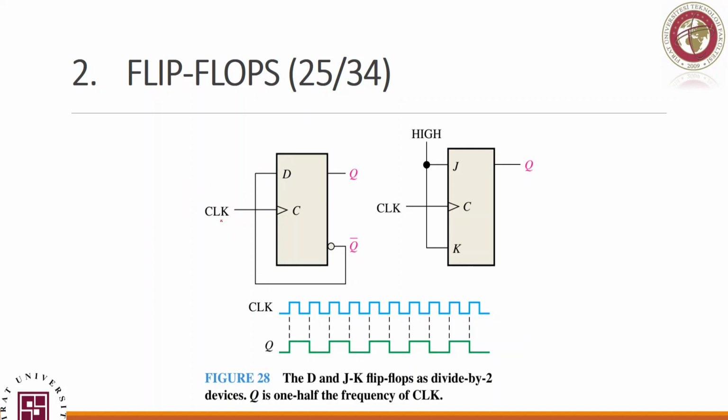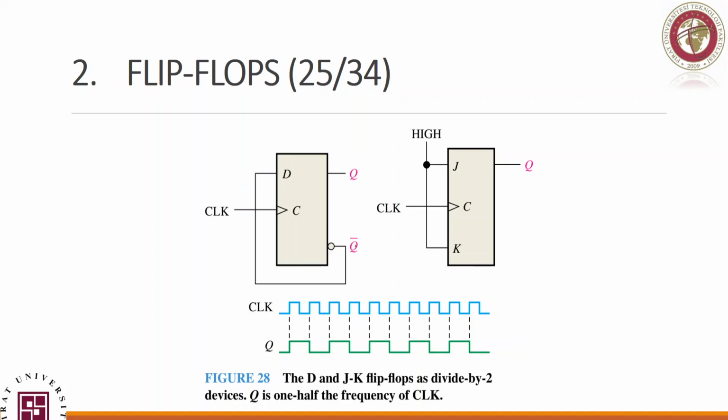The clock, the synchronization clock, is the input. Why? Because we are interested in dividing its frequency. Dividing its frequency means expanding its time period, in this case by 2, multiplying it by 2. How? I will show you.